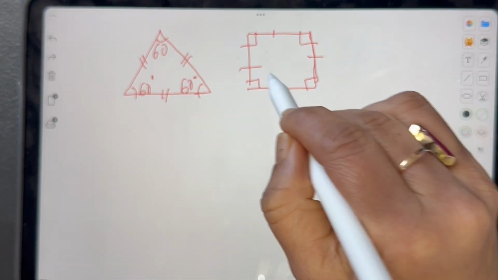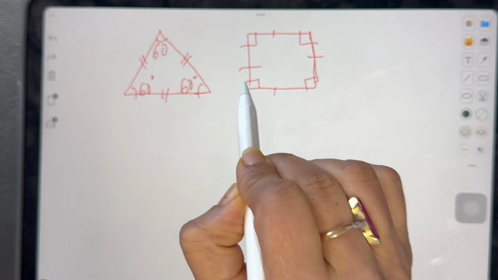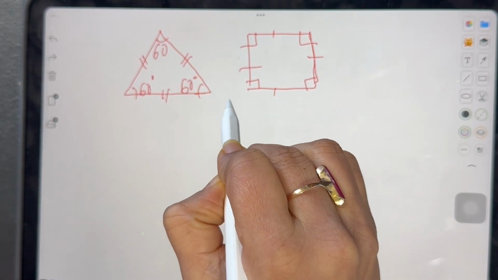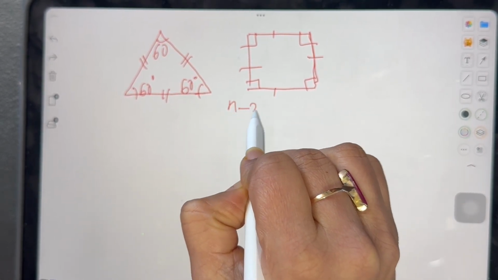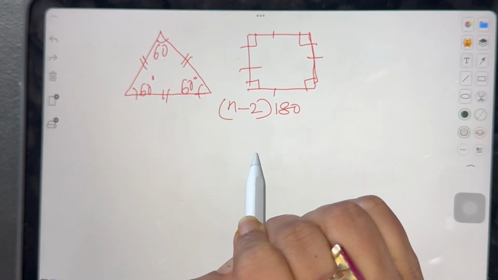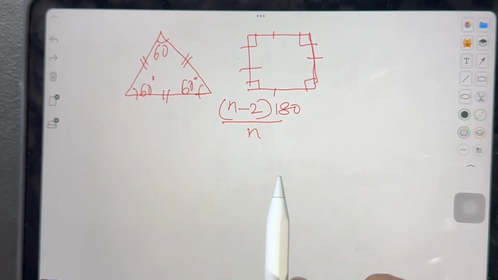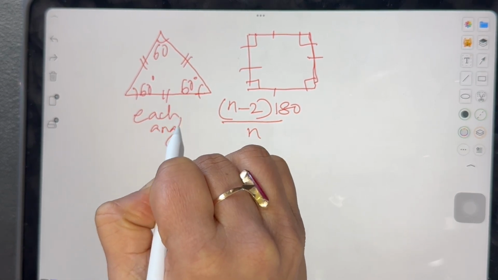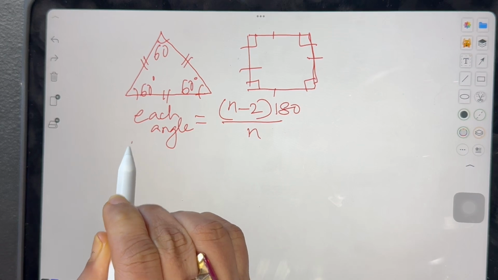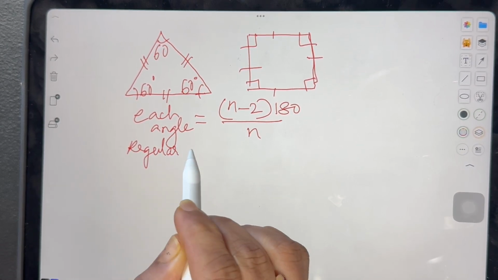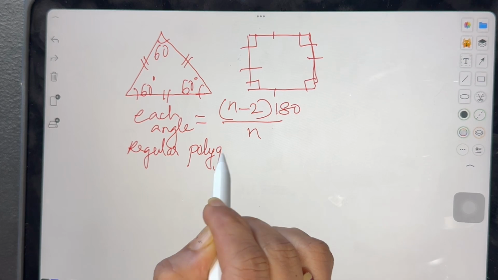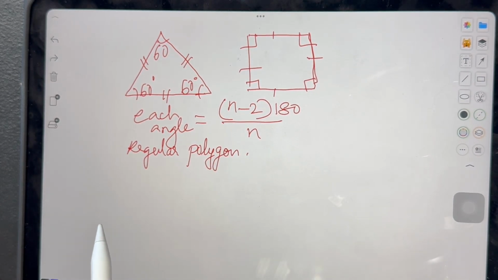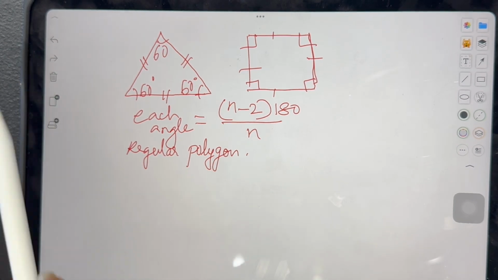How do we find each angle if I use the same formula for a regular polygon? Our formula to find the sum of all the angles is n minus 2 times 180. If you divide by the number of sides, you will get the measure of each angle. But this works only for a regular polygon, a polygon whose all sides and all angles are congruent. We did the decagon, right?